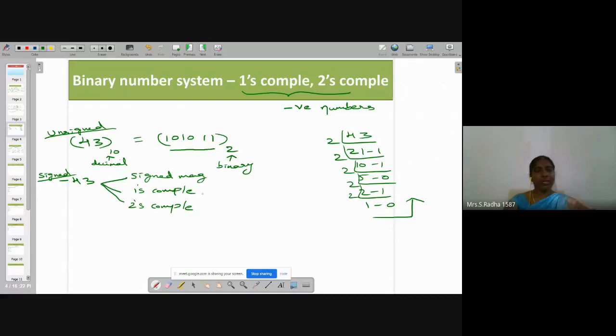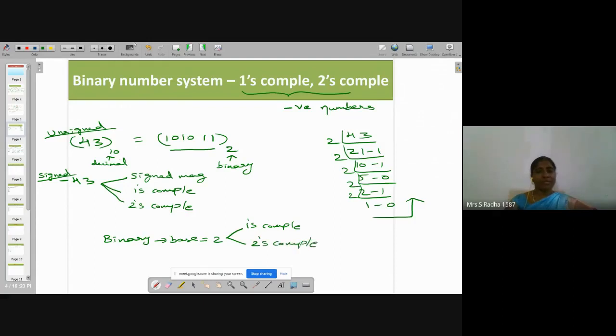As it is binary, the radix or base value is 2. So for binary, one's complement is possible and two's complement is possible.